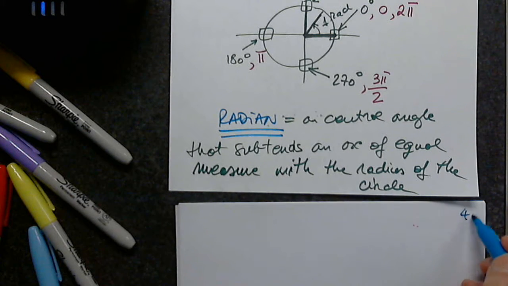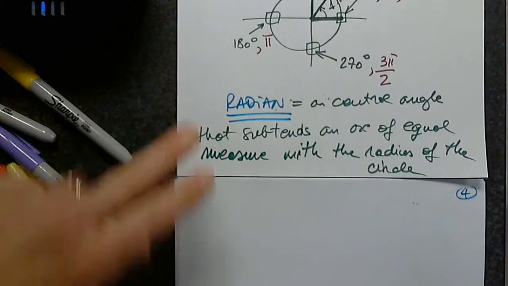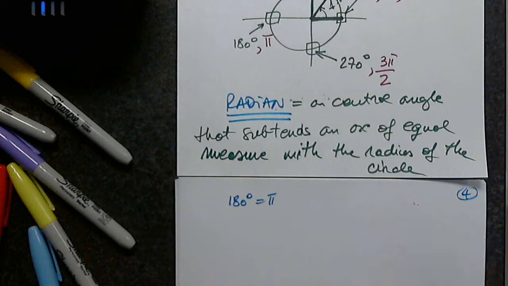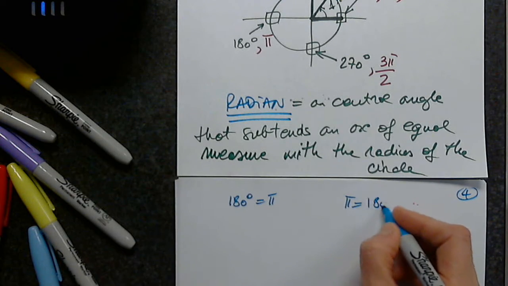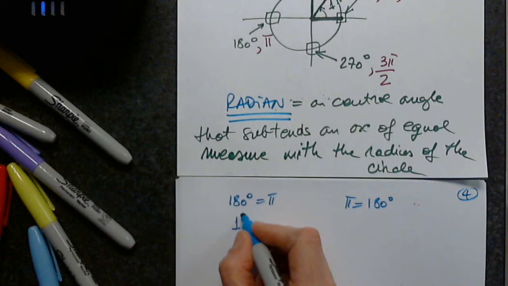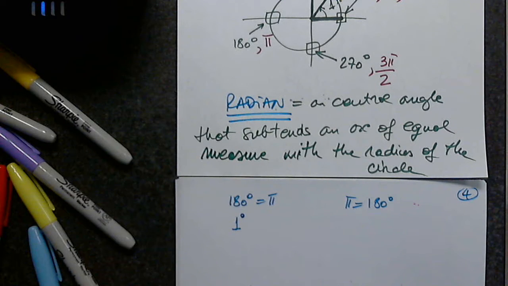Good. So now we know that 180 degrees equals pi, or if you want pi equals 180, doesn't matter. But I want to know how much is 1 degree. What do I do to both sides of that equation to find out not how much are 180 degrees in radians, but how much is 1 degree?